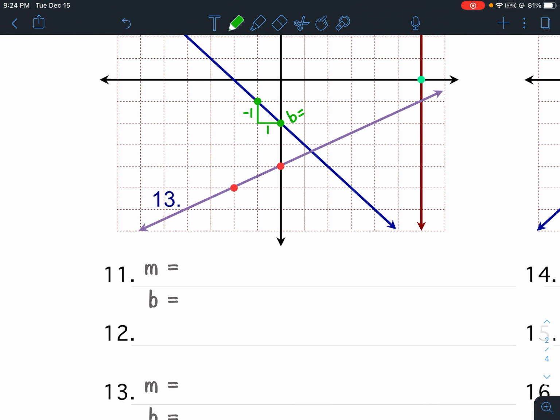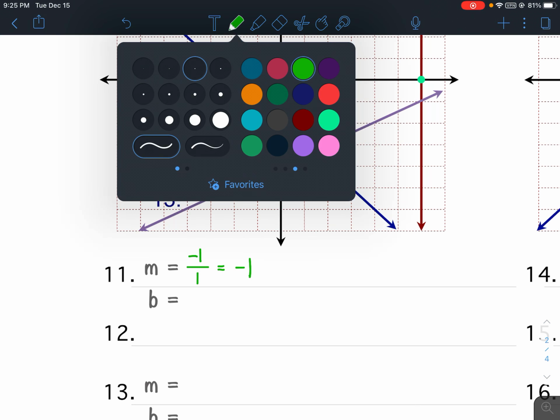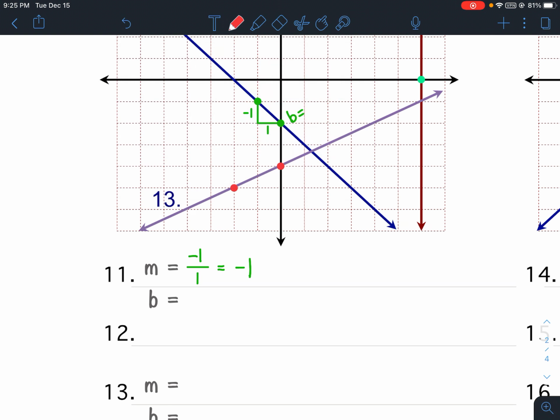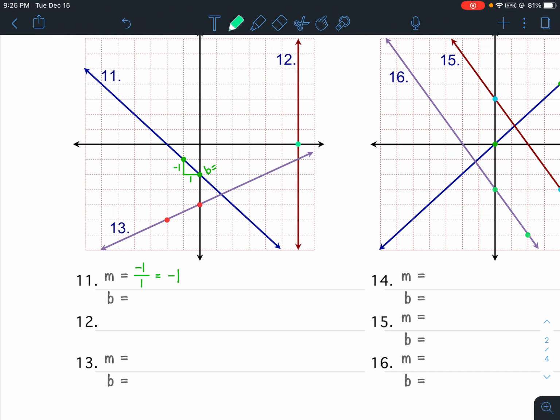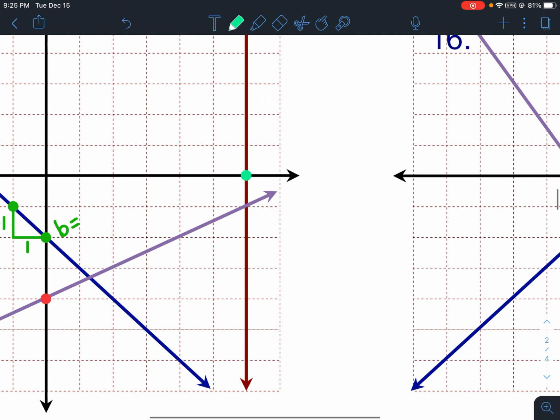So for number 11, your slope is -1 over 1, which is just -1. The rest you're on your own. For number 12, this is a vertical line. Vertical lines only cross the x-axis.